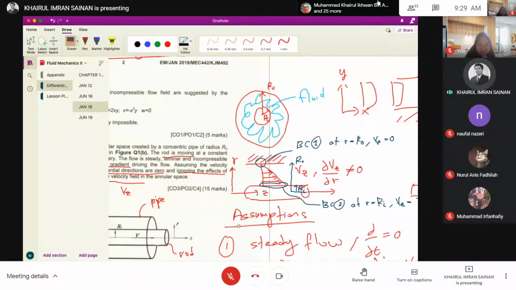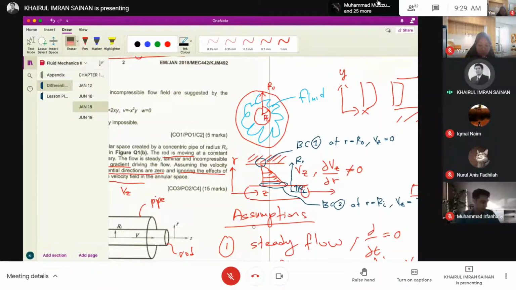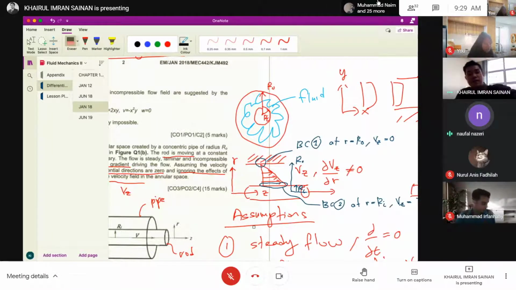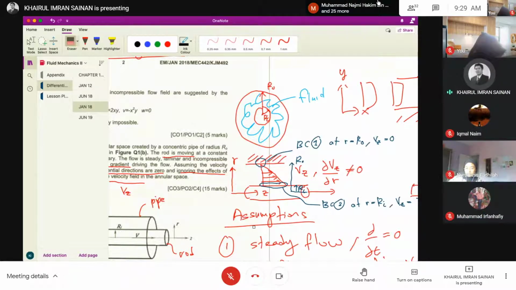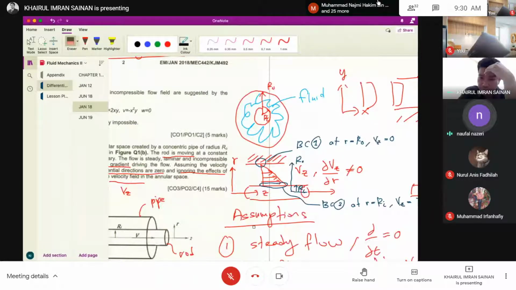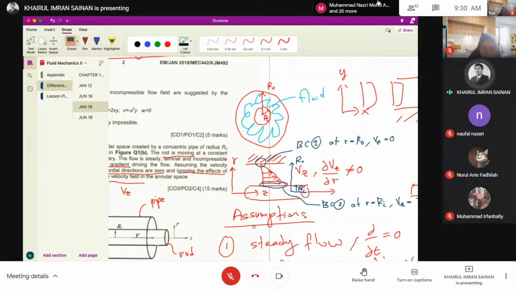Okay, assumptions. How many assumptions before this did we have? Four. Number 1 should be steady flow. Steady flow, always like that. Okay, number 2. No flow in the r direction. Yes. Right, after you determine the component velocity, you put number 2 as no flow in a certain direction.